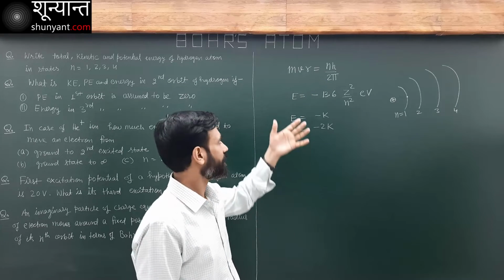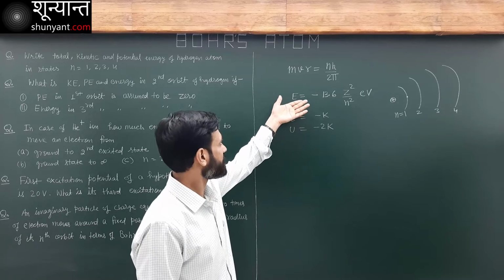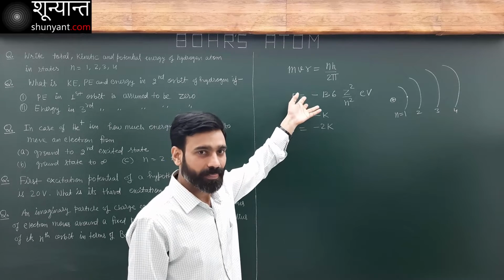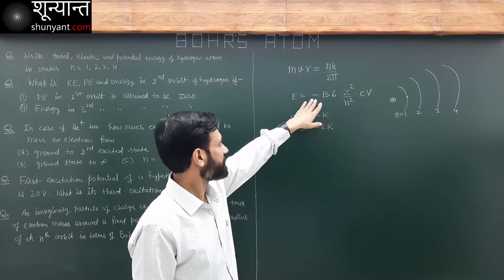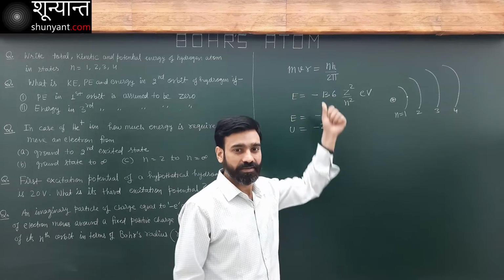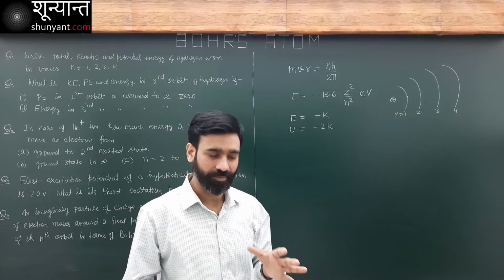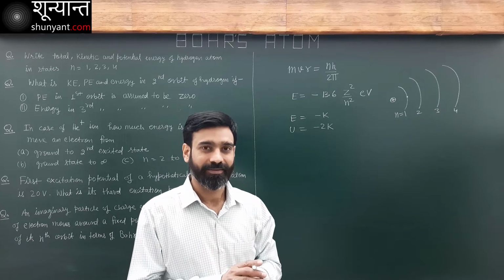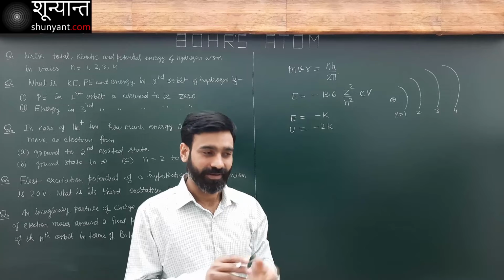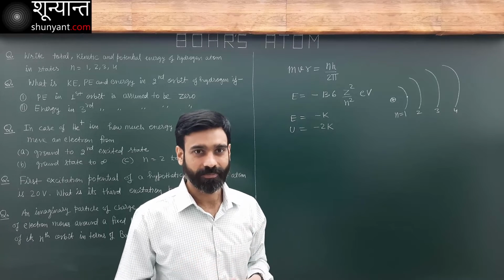I have to memorize this relation for the total energy in any orbit, minus 13.6 and this. This includes both kinetic plus potential energy of the atom, electron plus nucleus, both.